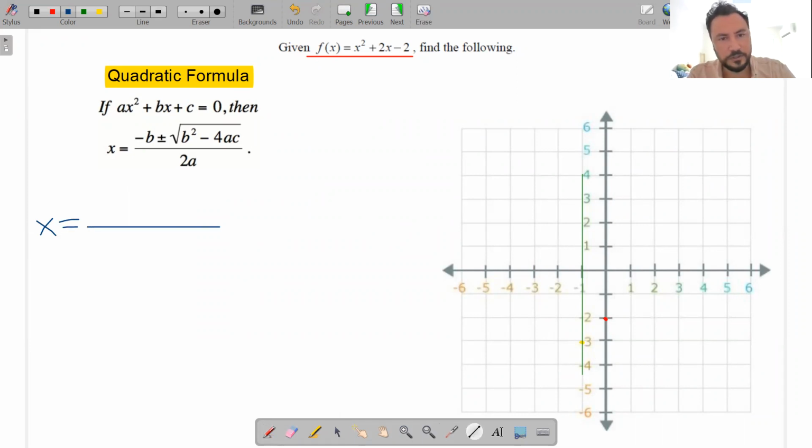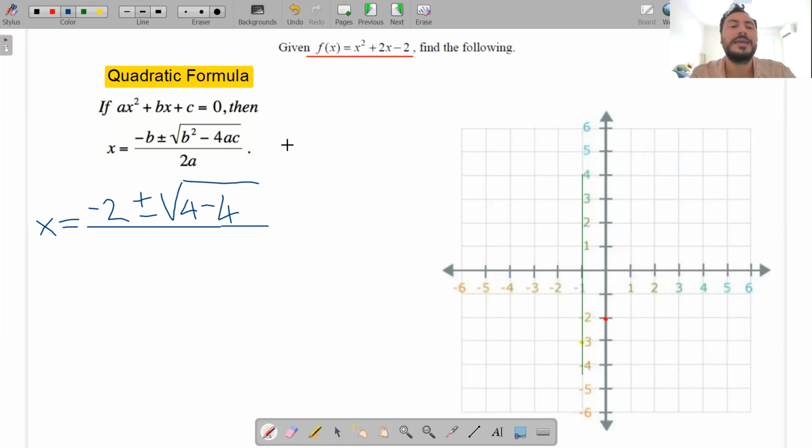For our function, b is equal to 2. So we are going to write -2 plus or minus the square root of b to the power 2, which is 4, minus 4 multiplied by a. In our case, a is equal to 1.